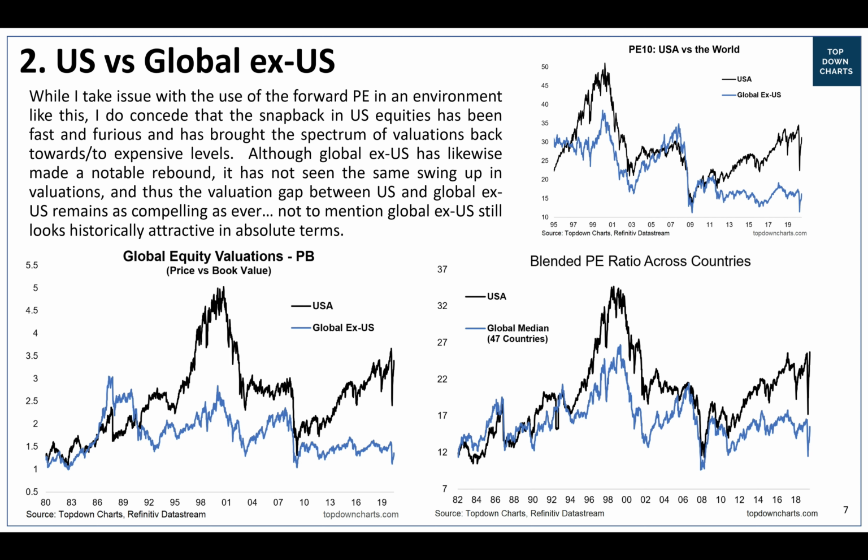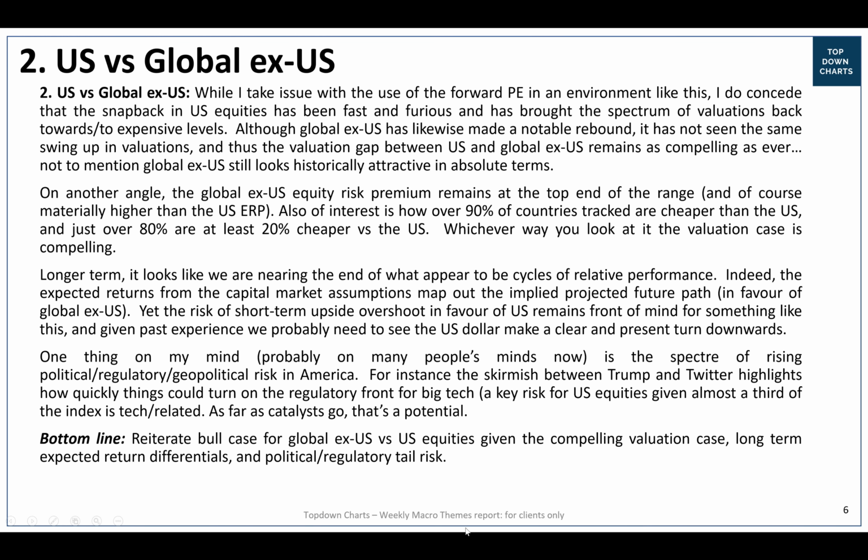But it wasn't material enough to change the conclusion about global ex-US in terms of its own history, and the gap between them did narrow just a little bit, but there was still a very substantial gap. So it's not an invalid point by any means, but it's not material enough to change the conclusion.